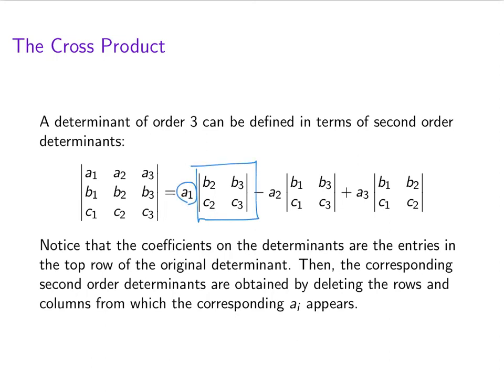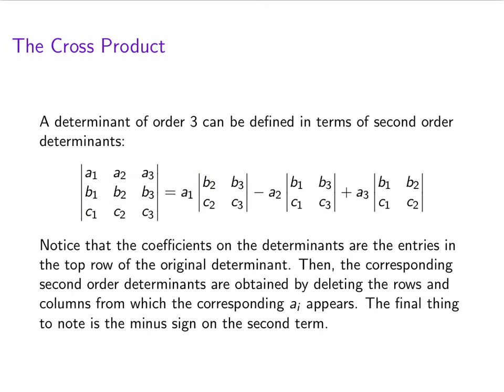Well, we take the A1, we go back over here, we find it here, and we delete that row and column, and then what's left over is this determinant here. And the final thing to really make sure you take note of, it's very easy to forget, is this minus sign here. One of the most common mistakes is forgetting this minus sign.